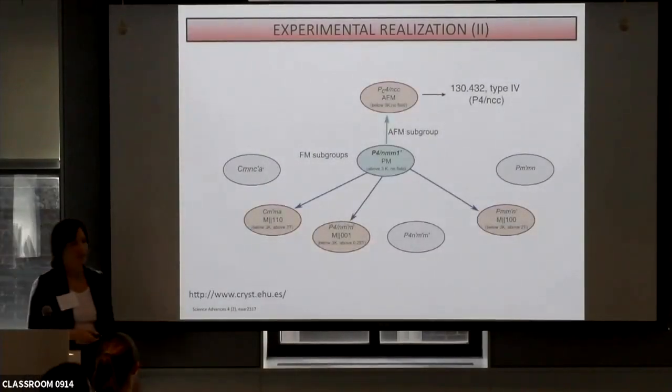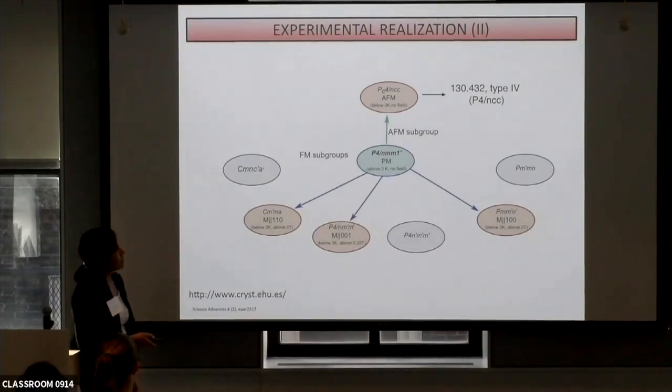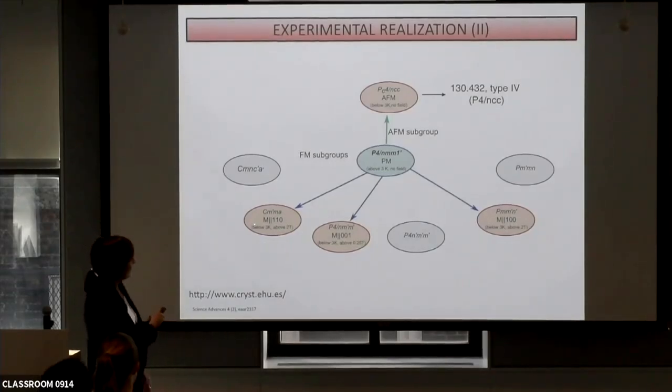Once we can rely on the DFT setup, then we look at the different magnetic phases that this material can hold. So by adding an external magnetic field of 0.25 Tesla, above the Curie temperature, we can find these ferromagnetic phases.